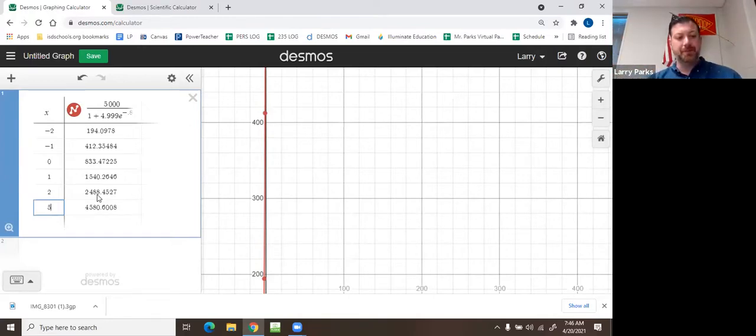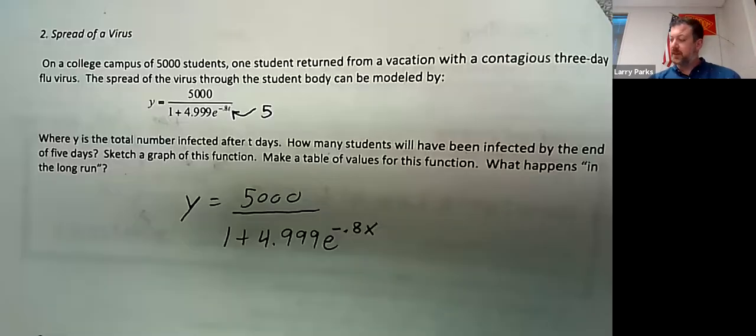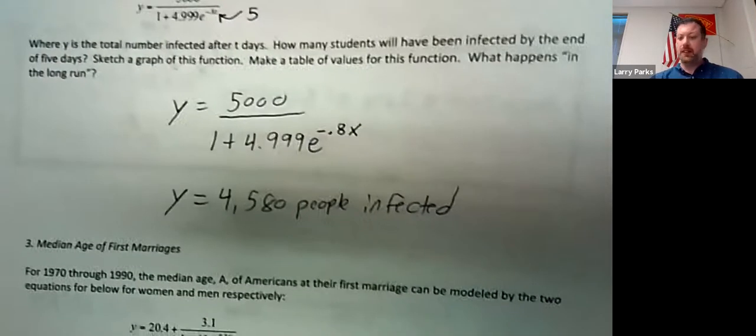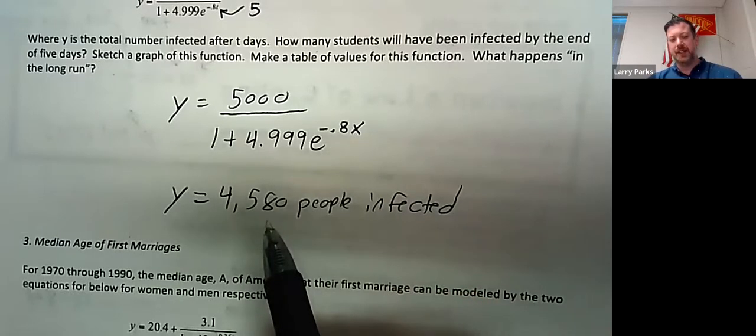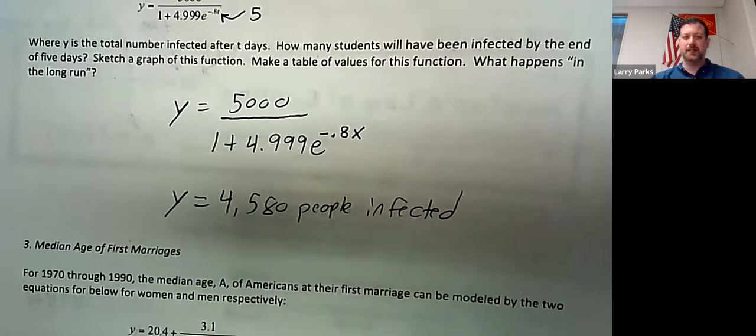Okay, we'll just go with their equation. I don't agree with it; that doesn't make logical sense. All right, we'll go to the next one. Hopefully this equation works. So in other words, plug 5 in here and you get 4,580 people infected.